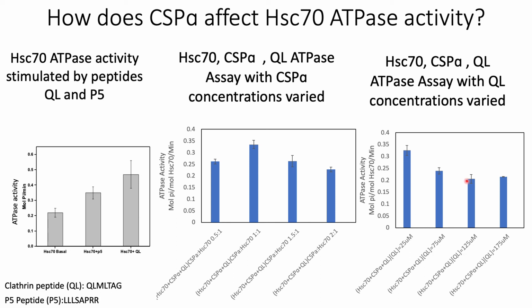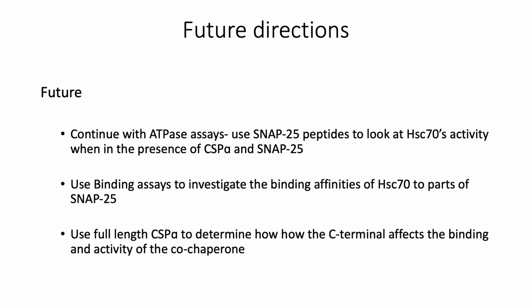That brings me to my future directions. I definitely want to continue with the ATPase assays and get some really concrete data for the controls and look more at CSP alpha and HSC70, but also include SNAP25 peptides, so the C-terminal and N-terminal domain, and how that affects the ATPase activity.